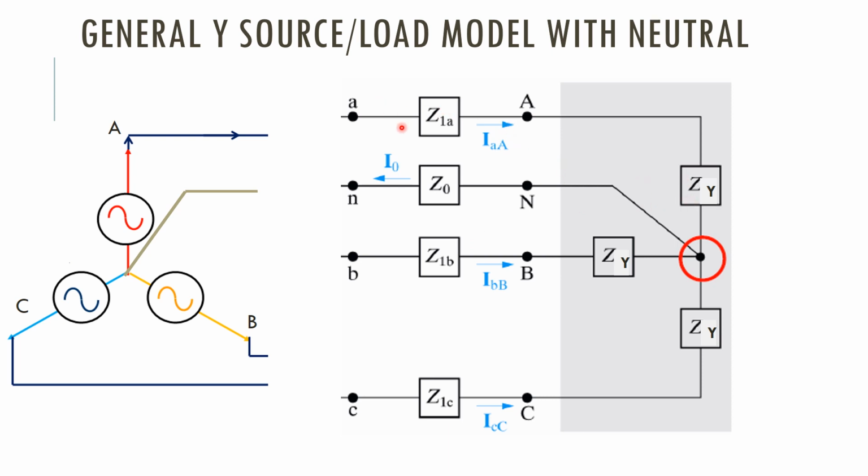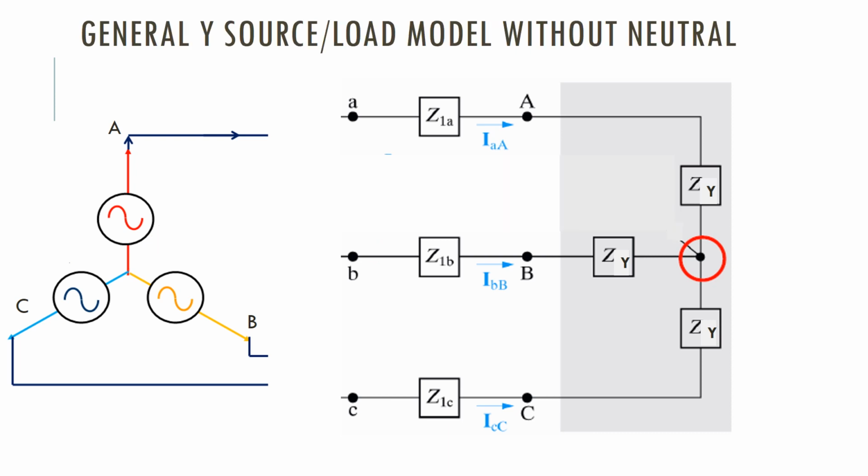So we will move to the general star source or load model without neutral. Without neutral means there is no neutral line, so only these three legs are here. Here also three legs are here, so it moves in this way.